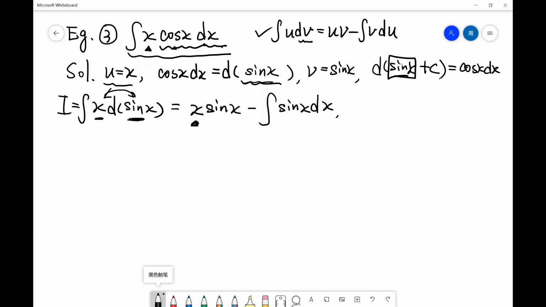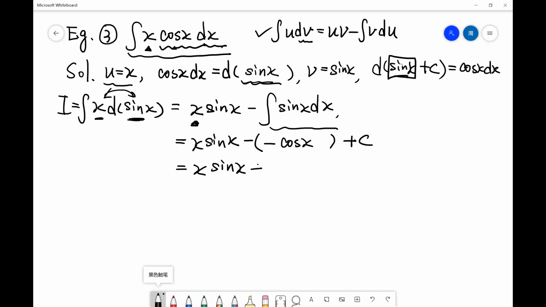And we know that equals x sine x minus the integral of sine x dx. The integral of sine x dx equals minus cosine x, plus c. So we have the final answer: x sine x plus cosine x plus c.